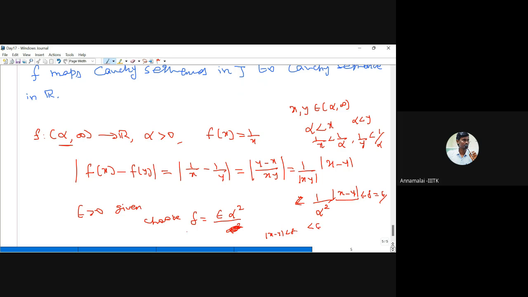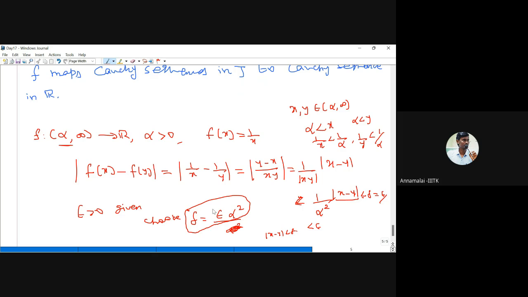Now this delta depends only on epsilon and some constant alpha square. Alpha square is just a constant, it does not depend on the points x and y. Therefore it is uniformly continuous. If the delta depends only on the epsilon and some constant, then such a continuous function is uniformly continuous. That's why this function is uniformly continuous.